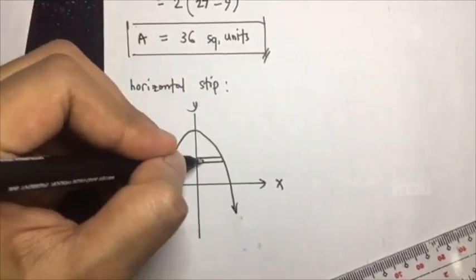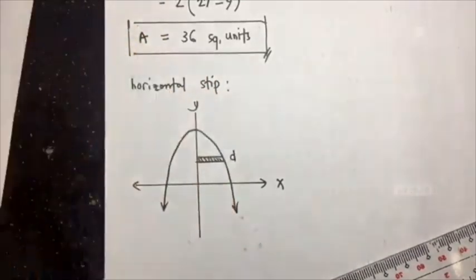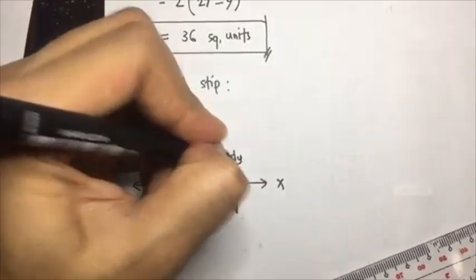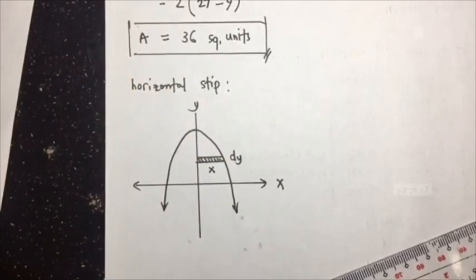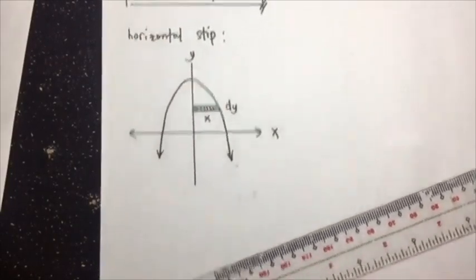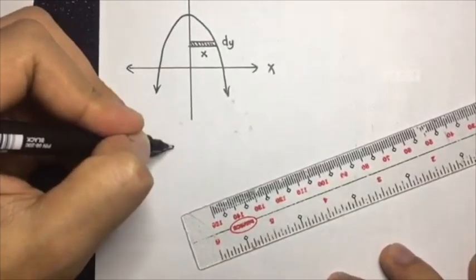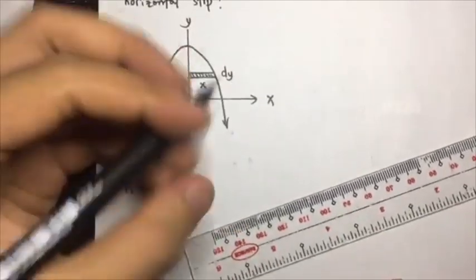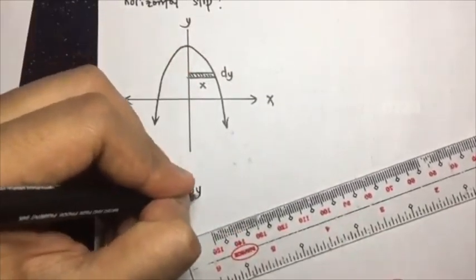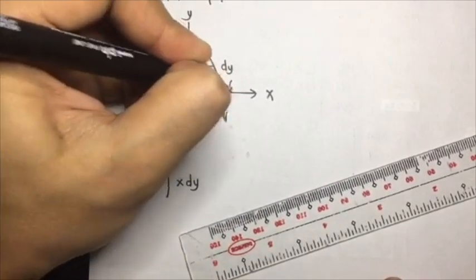Okay, so let's say this is dy, right? And then this is x. So our area now would be equal to the integral of x dy, from y equal to, so what's the y coordinate here?